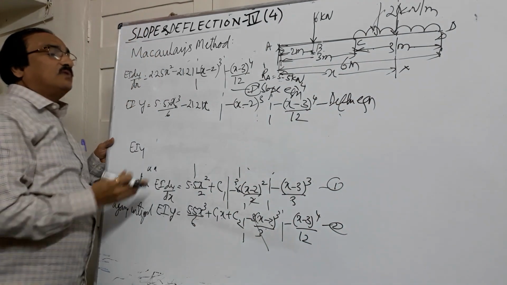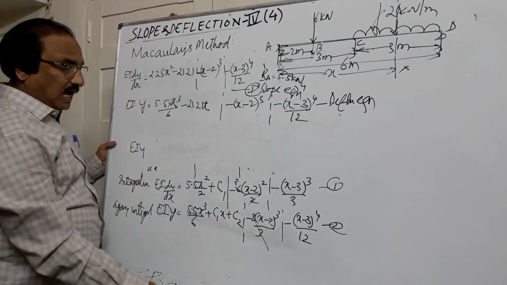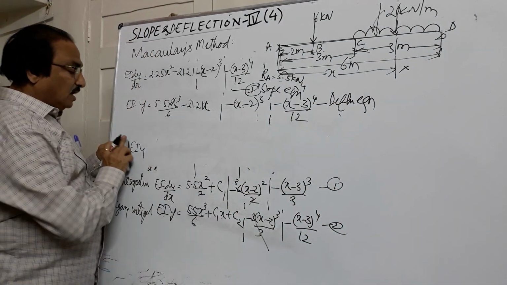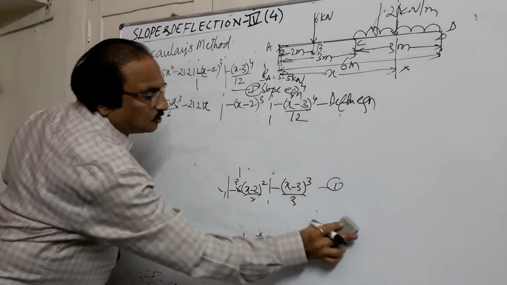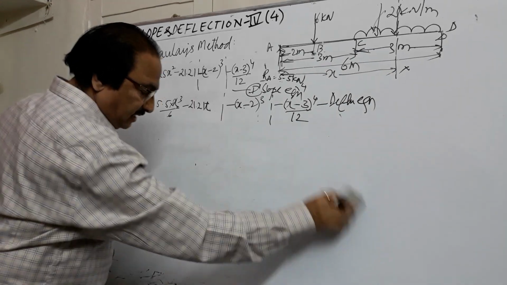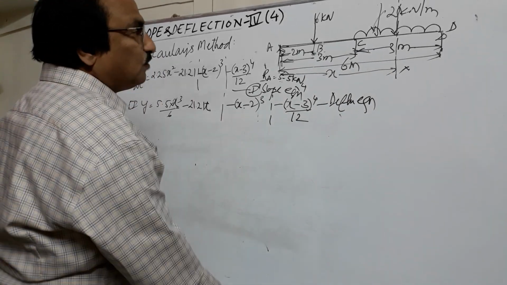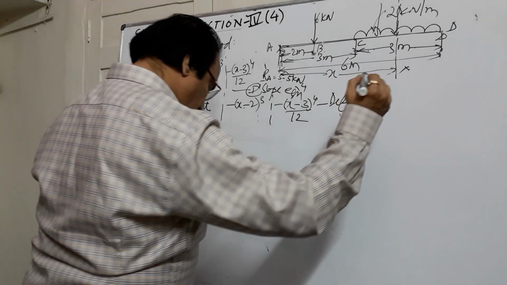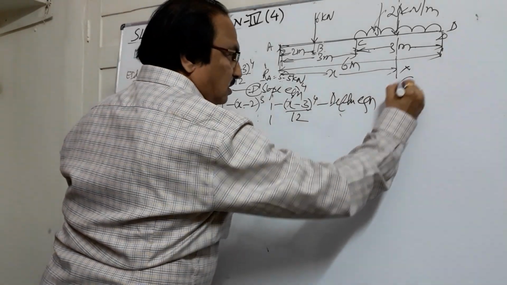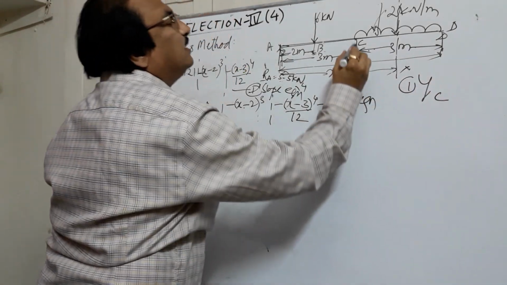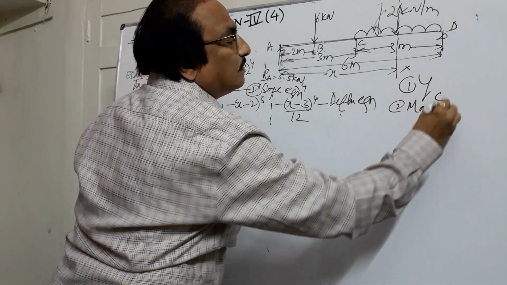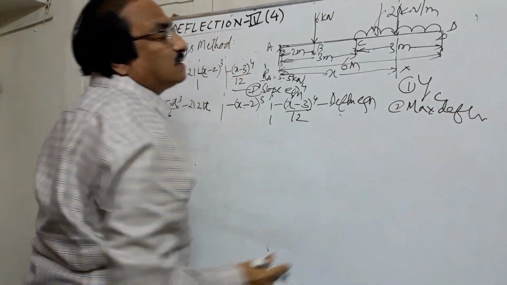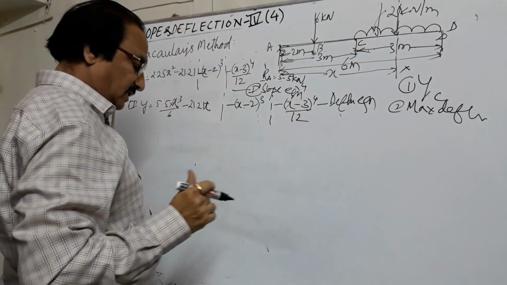Maintain it in terms of x; now we will substitute the values and find out the slope and deflection. In this problem, you are required to find the slope and deflection at certain points. First, we will find the deflection at C. Second is the maximum deflection, where it occurs and how much it is.